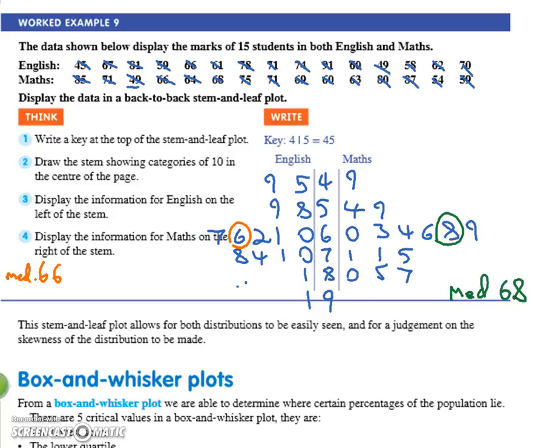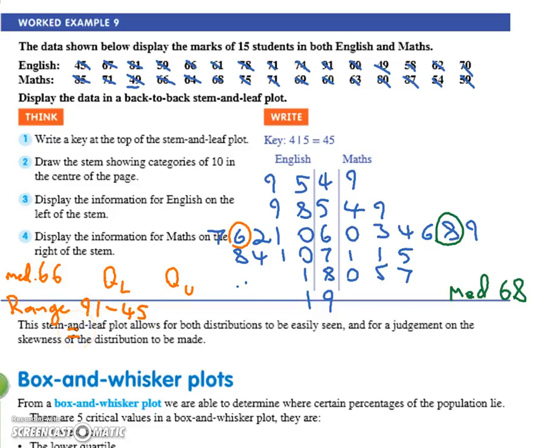Excellent. So what's the next thing we've got to work out? Yep. Okay, so what's the range? What's the lowest score for English? 45? Yep. And what's the highest score? 91.